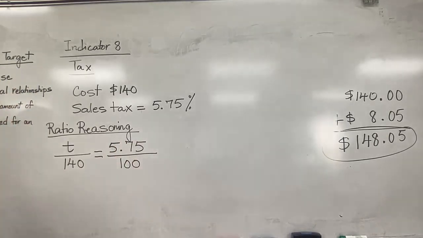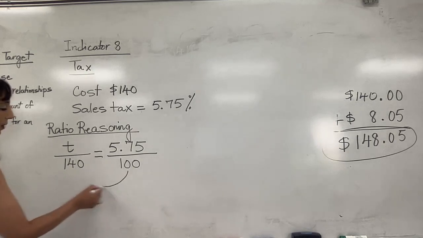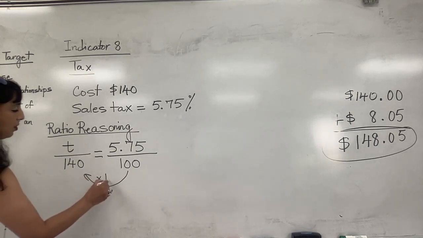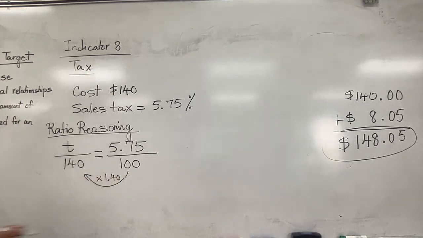So look, percent, the denominator is always 100. So now what I'm doing is I am writing it out as an equivalent ratio, so it becomes easy for me to solve what the tax will be. So because 100 times 1.40 is going to give me 140, right? So this is times 1.40, right?